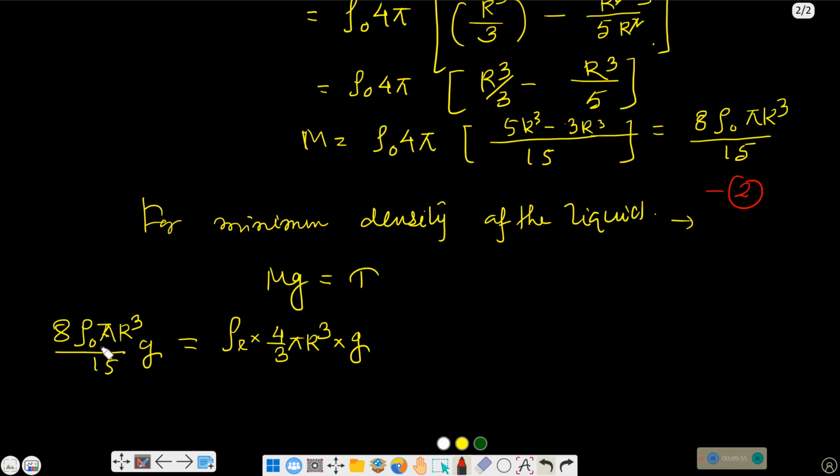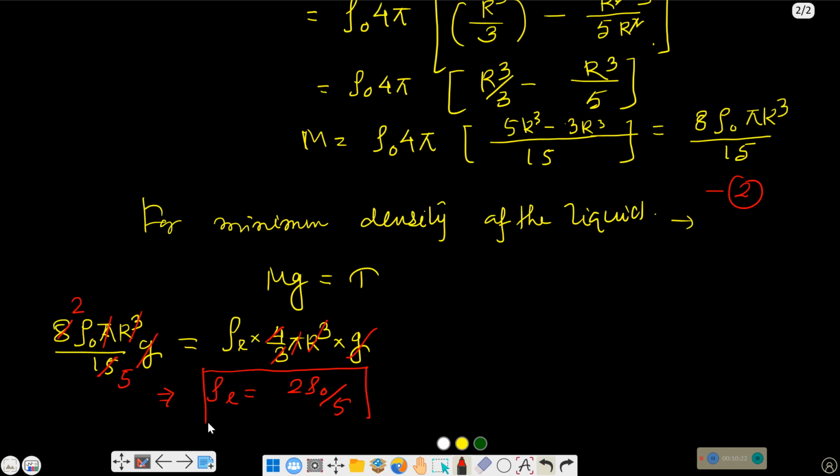Now pi gets cancelled, R cube gets cancelled, g gets cancelled. This is 3 over 5, this is 2. So from this we get the density of the liquid as 2 rho naught by 5.